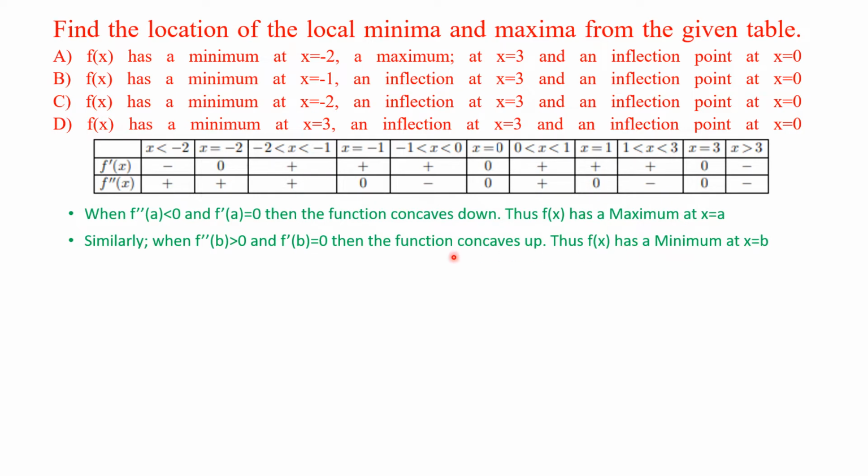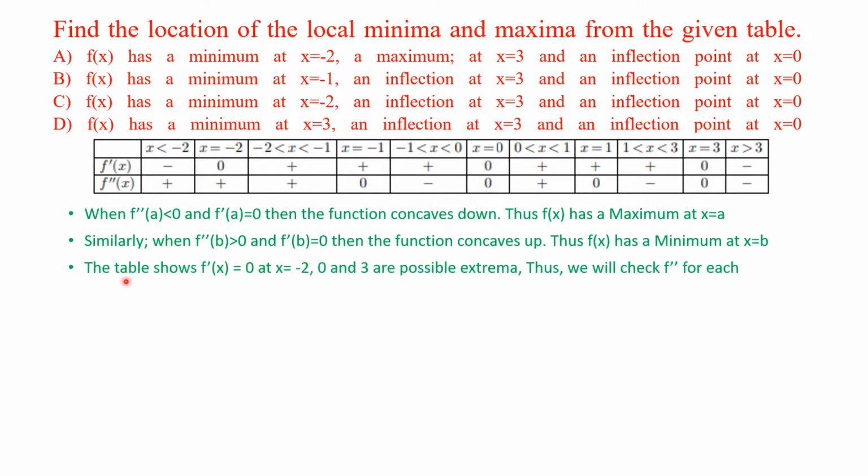Now, from the table we can see that f prime of x equals 0 at x equal to negative 2, x equal to 0, and x equal to 3. So these are possible extrema.